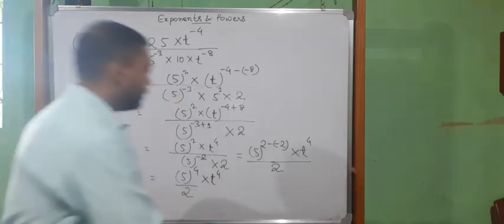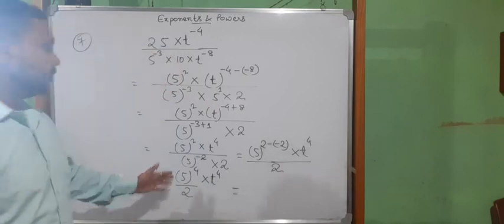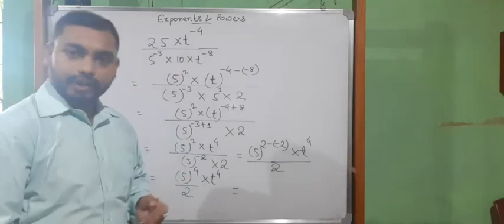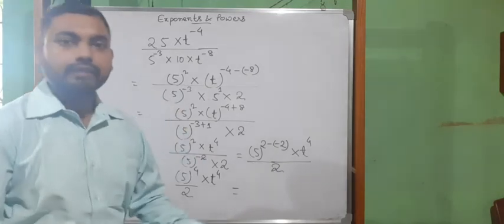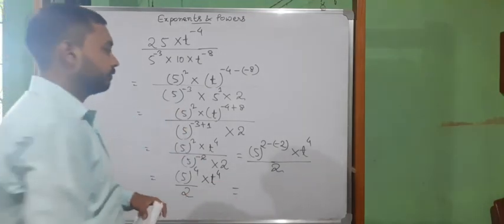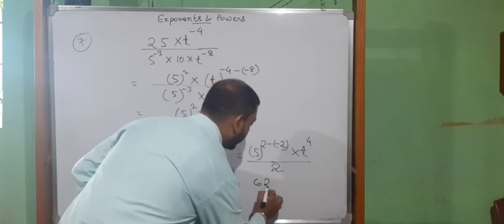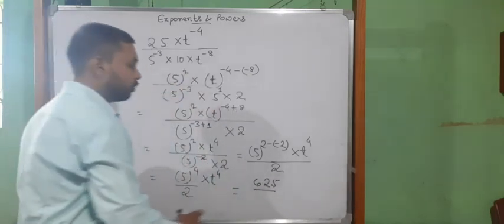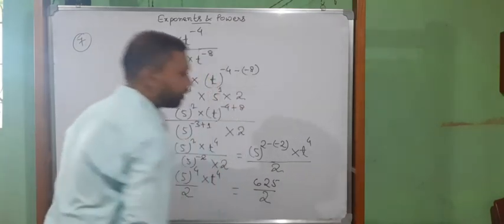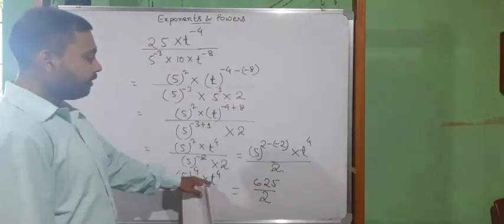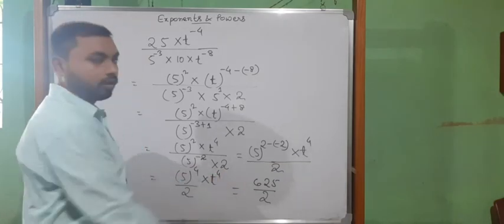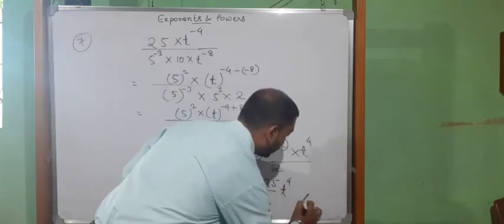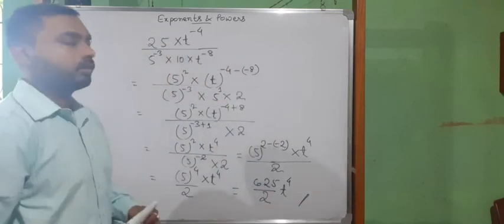So the final result: 5 to the power 4, it is 5 into 5 is 25, 25 into 25 is 625. 625 divided by 2, and t to the power 4 is there, so you write t to the power 4. So this is our final answer.